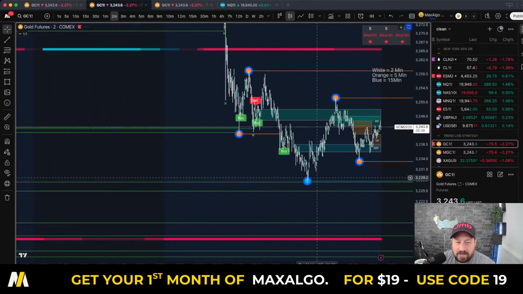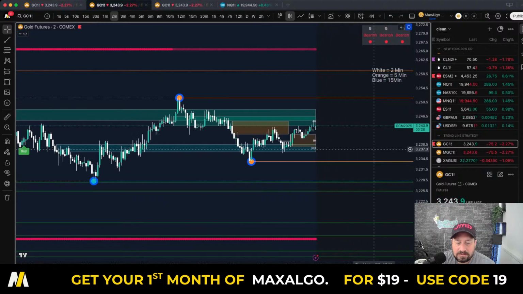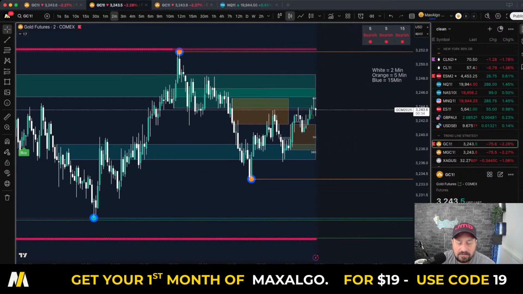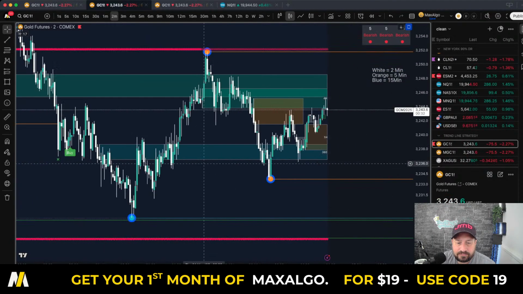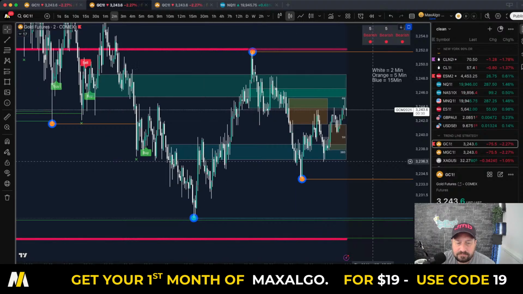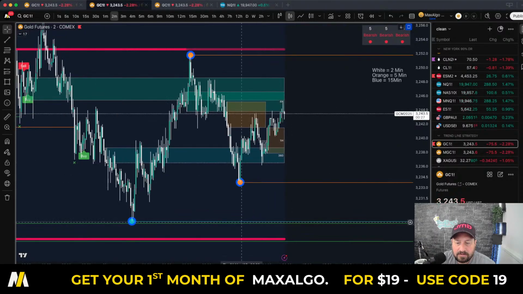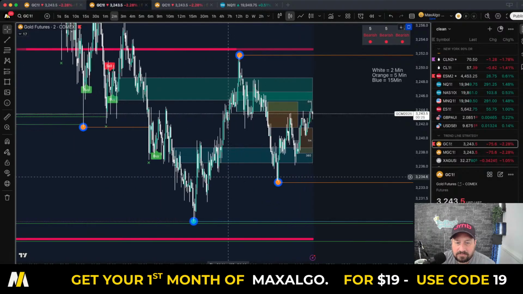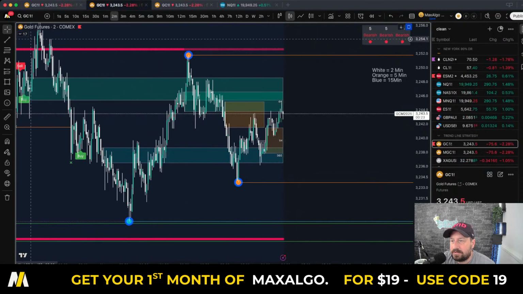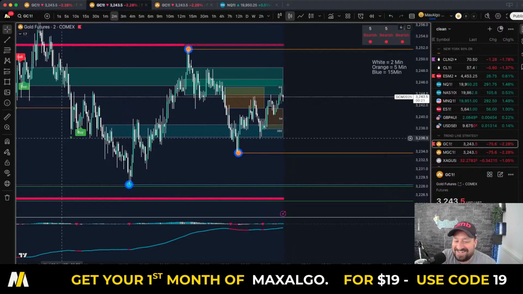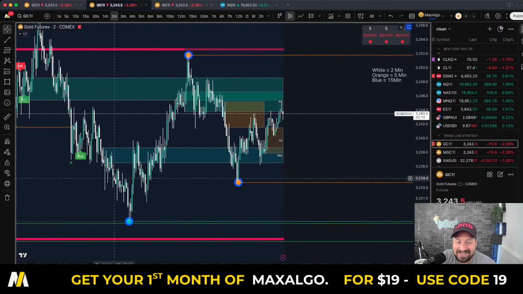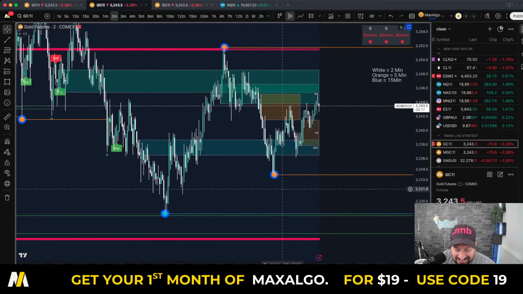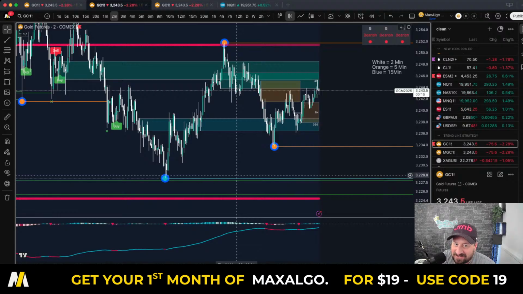Market structure's bearish. Will the 6 hour lose out, or will the 4 hour win? Who knows? I like the 6 hour, but I also like the 4 hour.